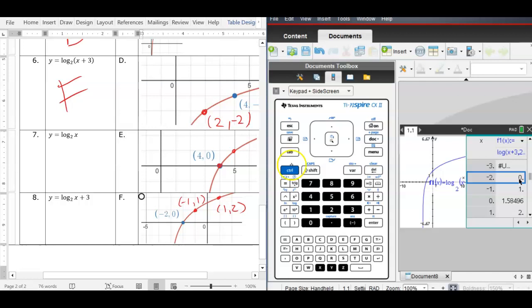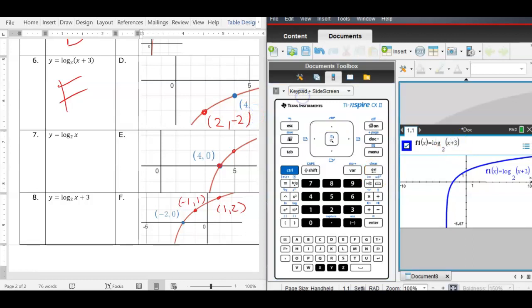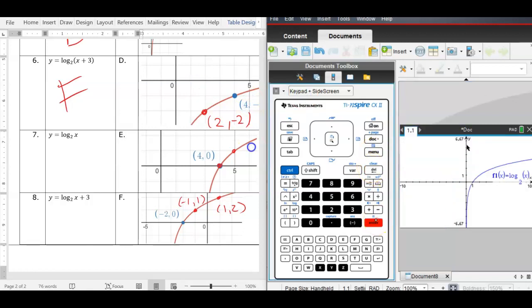Okay. Control T, Tab. Now this time it just asks us to do log 2 of x. So again, just regular log of x.